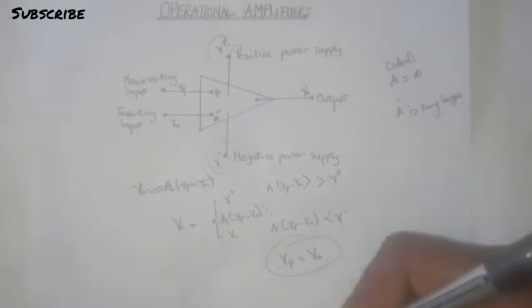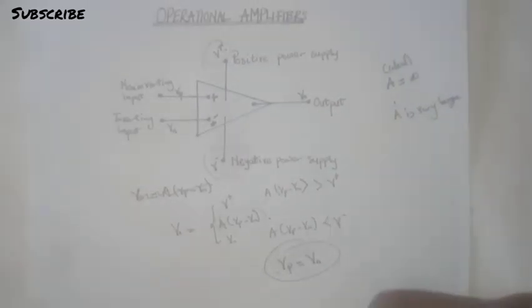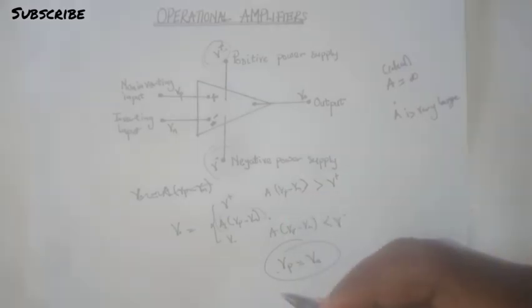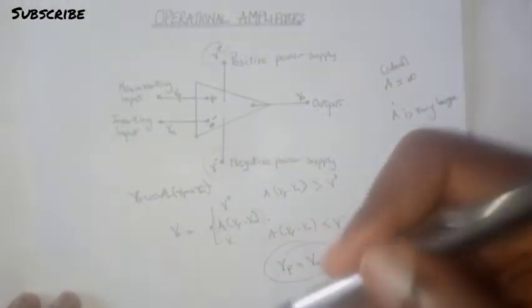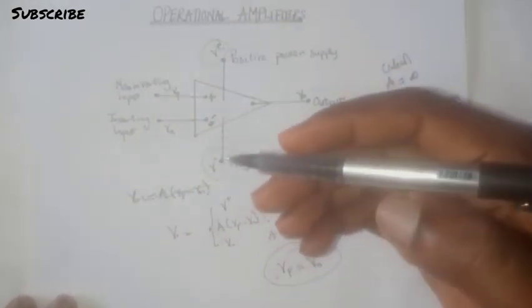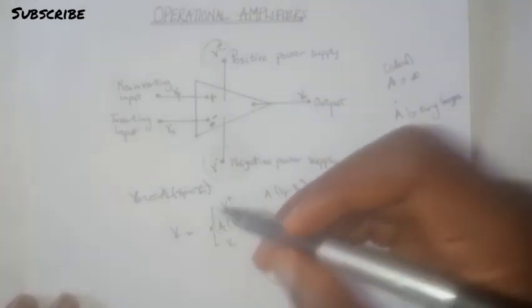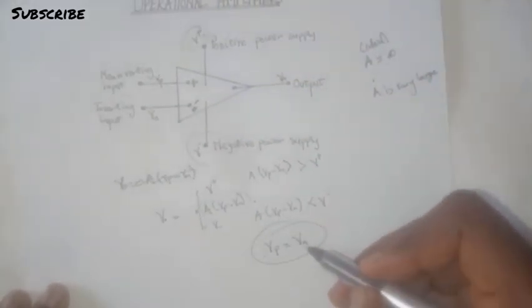But that is easier said than done, because when you put it in a circuit, the values of Vp and Vn will be dynamic. They will change from time to time. They might not be equal from time to time. So the question is, how do you maintain Vp equals Vn?